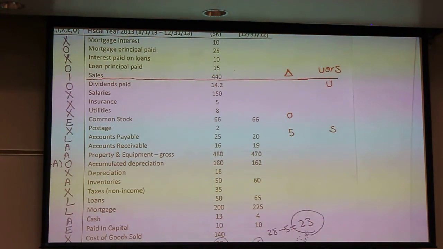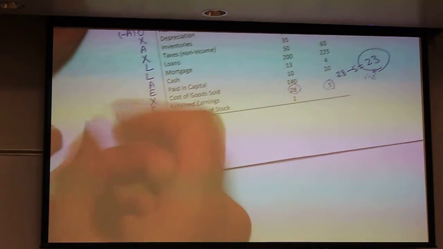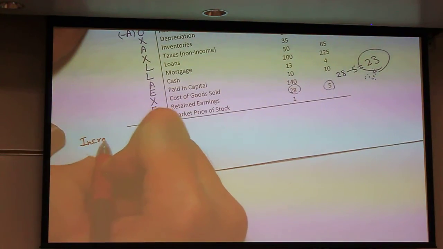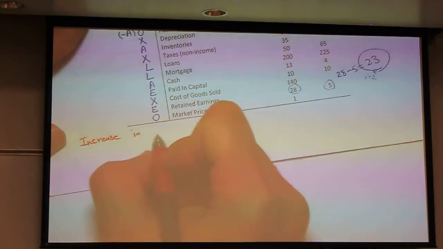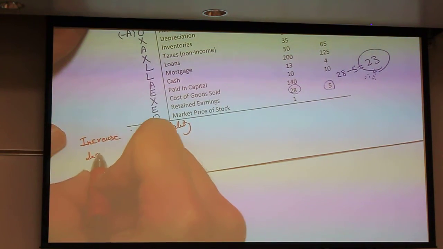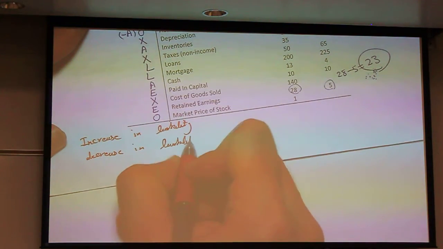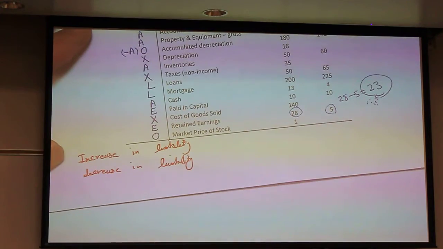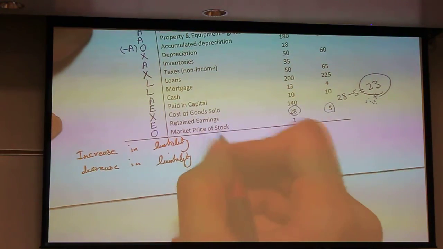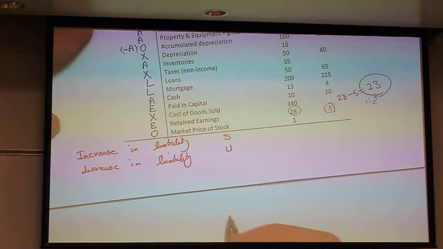Okay. Increasing liability is a source of fund. Decreasing liability is a use of fund.